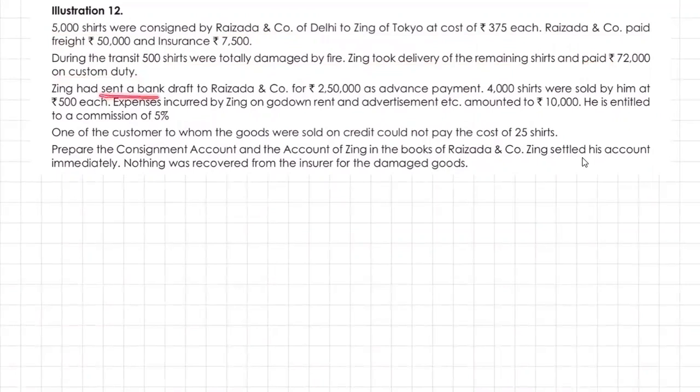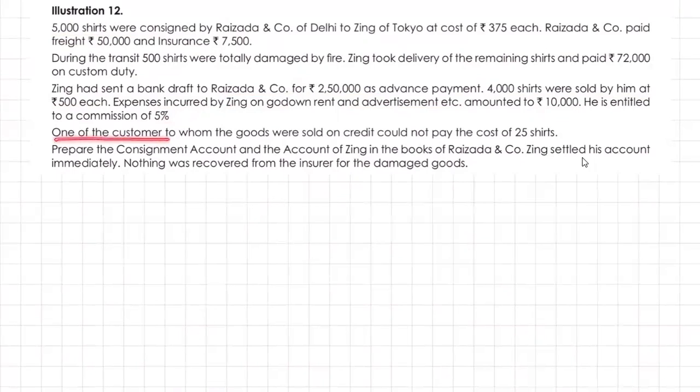Zing had sent a bank draft to Raizada and Company of 2.5 lakh as advance payment. 4,000 shirts were sold by him at 500 each. Expenses incurred by Zing on godown rent and advertisement, etc., amounted to 10,000. He is entitled to a commission of 5%.